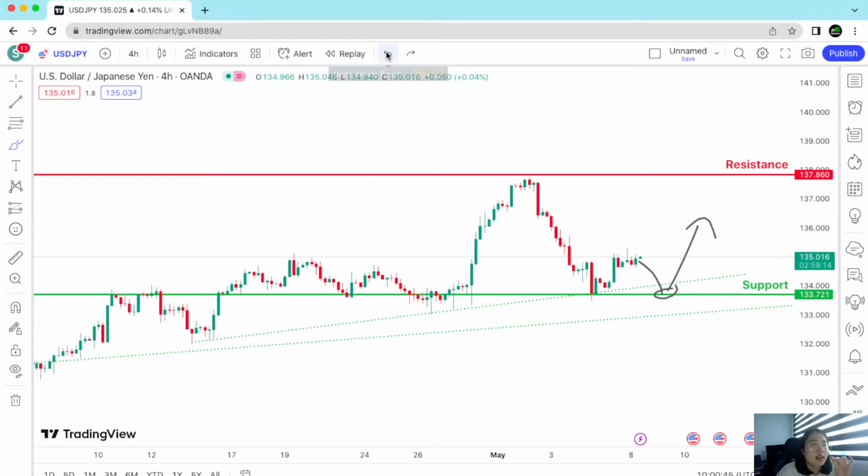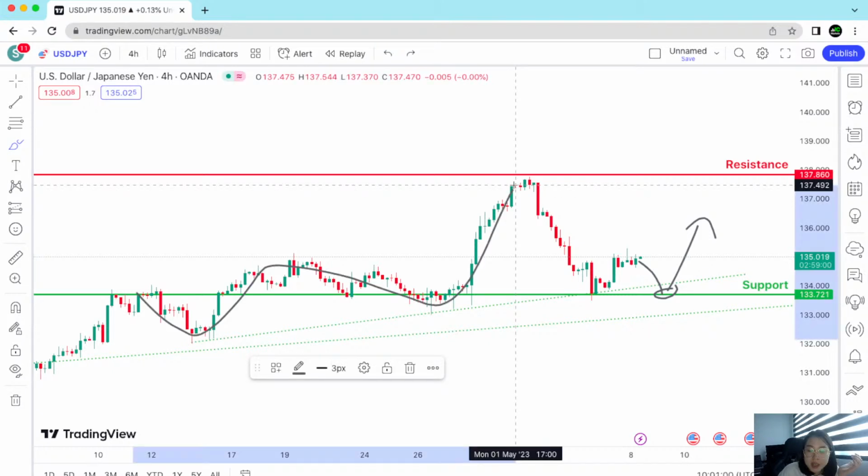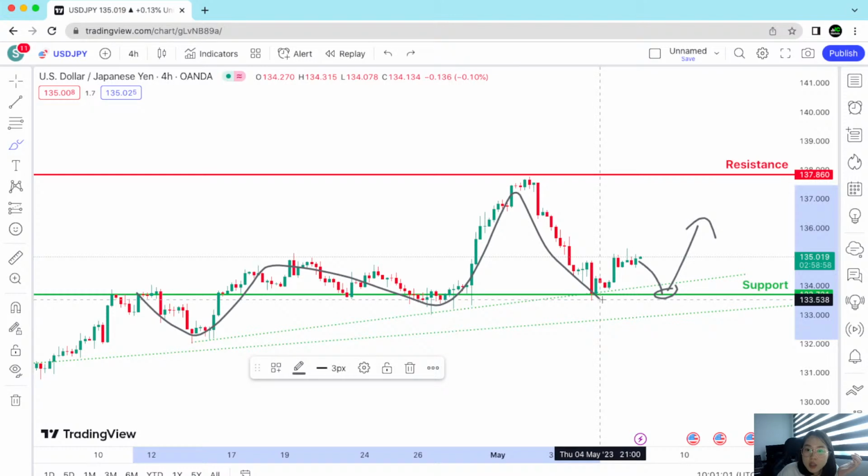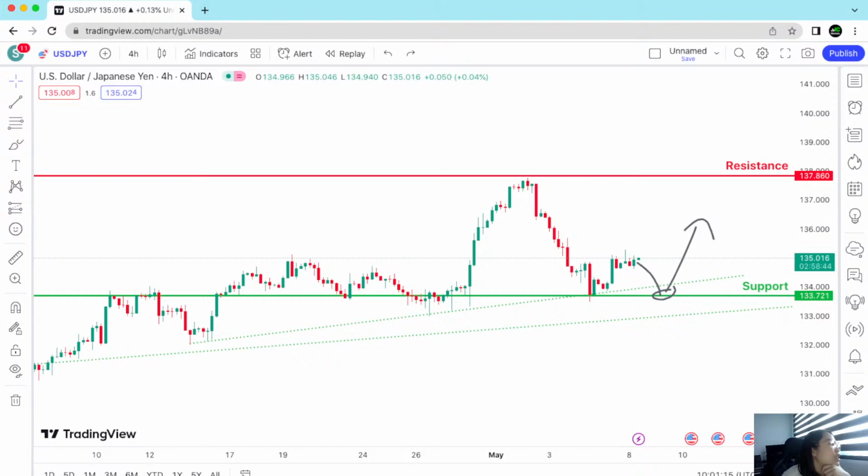Each time it comes here, the momentum is supposed to be strong enough to push price up. In the event that momentum is not strong enough, that means there is disruption. Cool, I am long in USD JPY. Yes, I am biased for long.